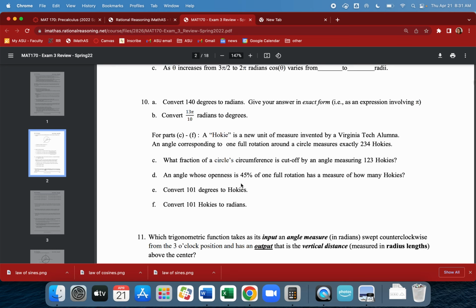All right, so at the bottom of page 2, it's talking about converting between degrees and radians. That converting is just using the idea of proportionality again, that degrees and radians all measure something relative to something else.